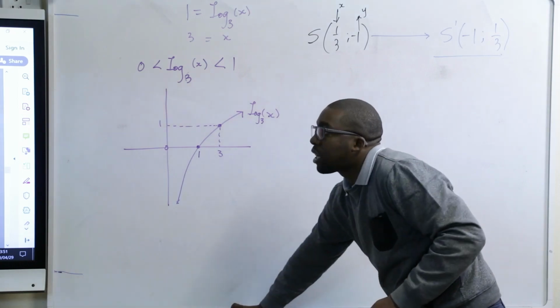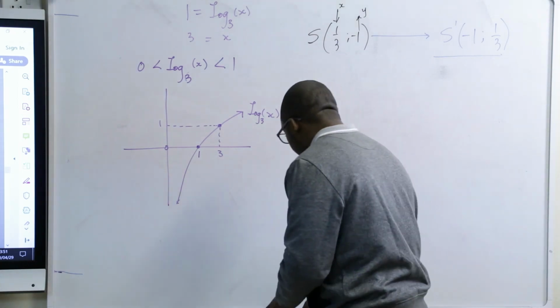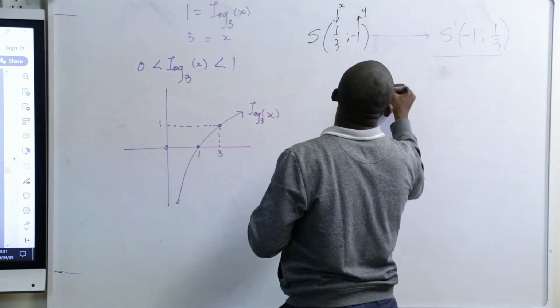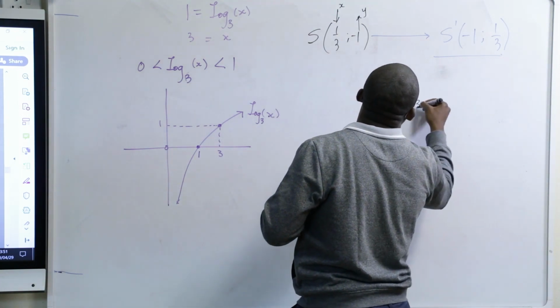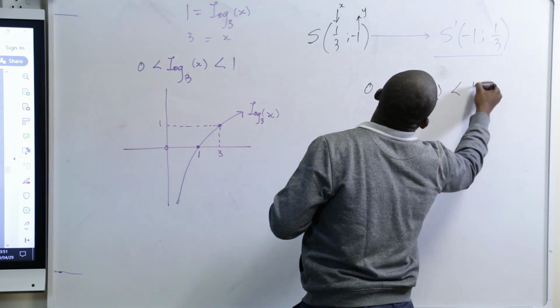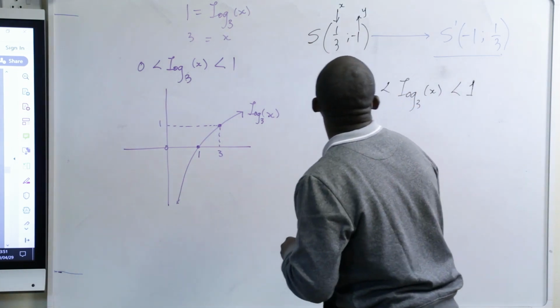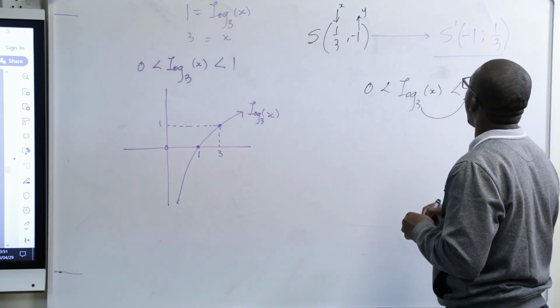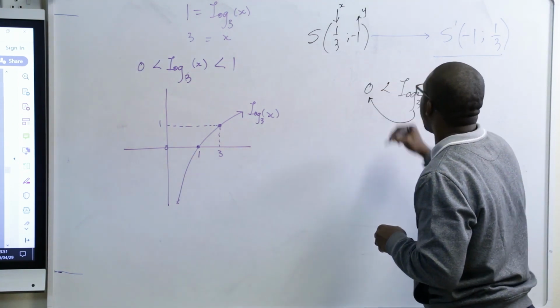Solving it algebraically, you would require grade 10 methods of inequalities. So we have 0 less than log to base 3 of x less than 1. This 3 is going to be raised to the power 1, and it's also going to be raised there.